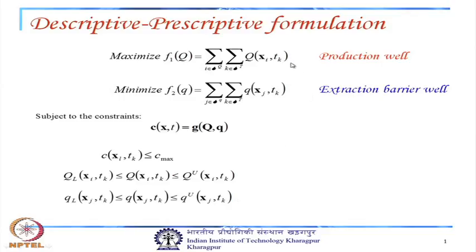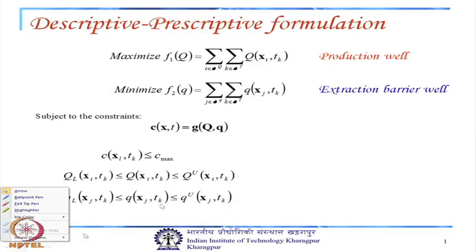For any flow and transport related problem, we can have one extra constraint, that the concentration value should be below the specified concentration limit. In this case, this has been taken from our saltwater intrusion management problem.